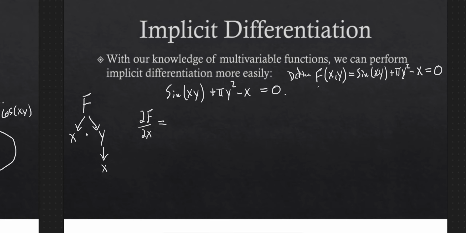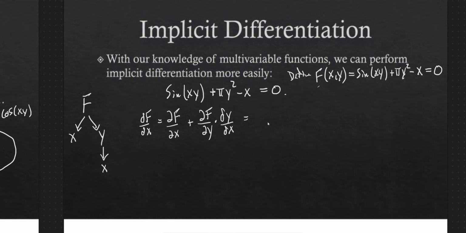Actually, what we're after is just the single derivative df dx, and that'll be partial f partial x. I know this looks a little bit funny. Trust me, it's going to come together in a really nice formula. Plus, and then how else can I get to x? Well, that's through y. So that'd be partial f partial y times dy dx.